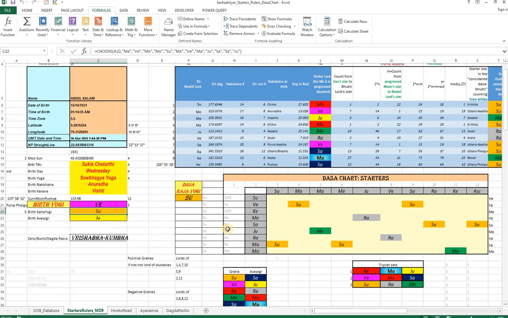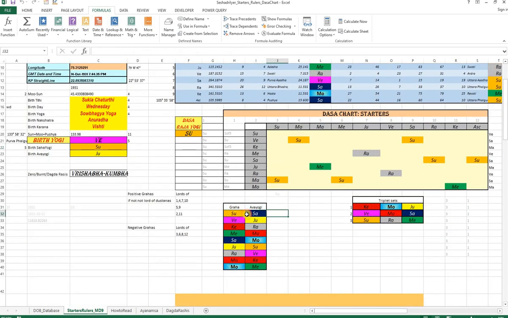And each of the planets has an Avayogi. For Sun, Saturn is the Avayogi, and there is a list here. For Venus, Jupiter is the Avayogi. Since Venus happens to be the natal yogi, Jupiter happens to be the Avayogi for the person here. So this is the Graha and the Avayogi chart.